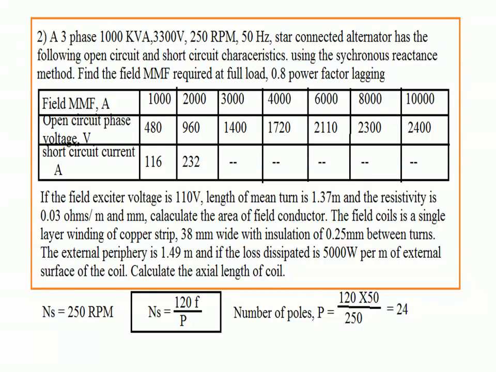In this problem NS is given, NS equal to 250 rpm. By using this relation, it is possible to design the number of poles. We are going to get around 24.